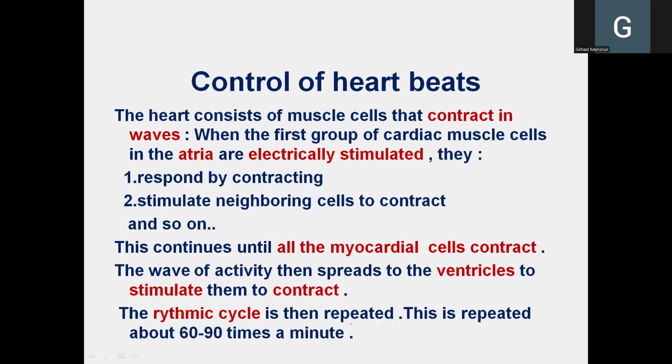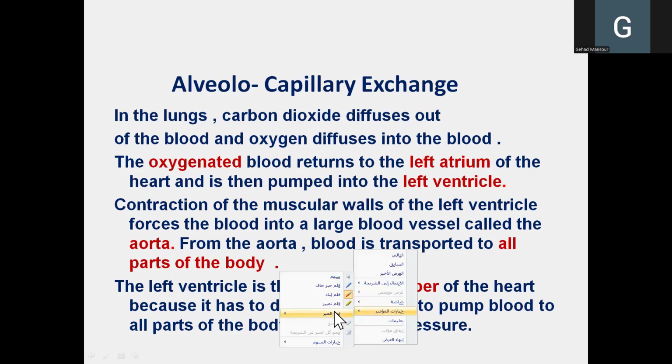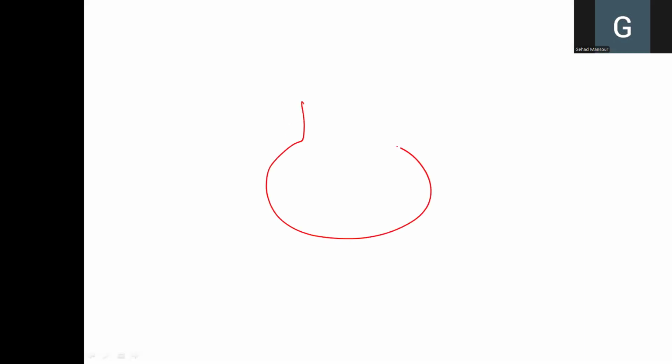Of course, when we come to the alveolo-capillary exchange, it's an easy concept that we have mentioned several times, but I needed it to be mentioned in a particular organized way. So when you talk about alveolo-capillary exchange, always remember that diagram.